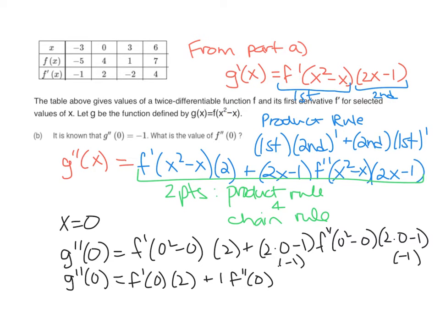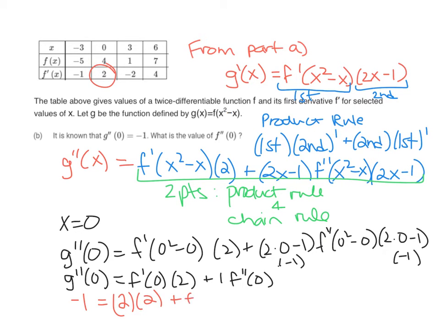It's a good sign that I got an f double prime of 0 because that's what I'm trying to find right now. Now I can plug in values for the things that I actually know. So I know that g double prime of 0 is equal to negative 1. I know from the table up top that f prime of 0 is equal to 2.